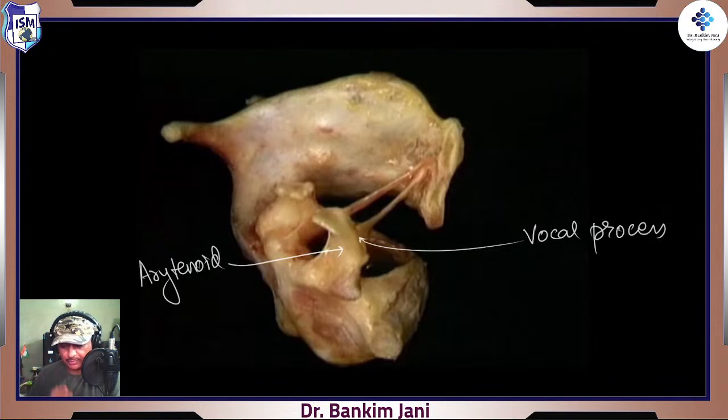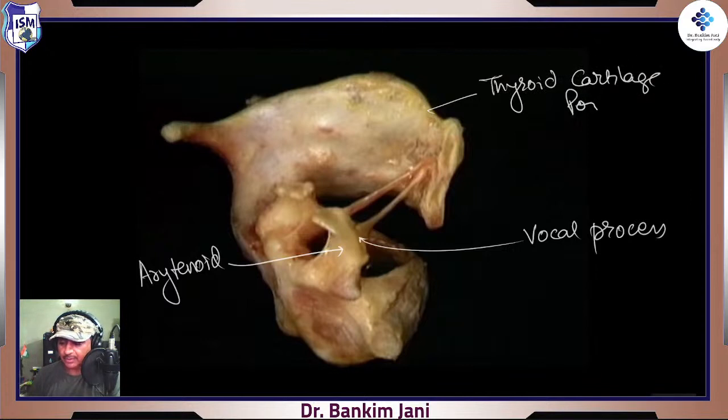Those ligaments will be going all the way where? That's the thyroid cartilage, correct? That's the thyroid cartilage. On the posterior wall, right, in the middle, they are landing, correct? So these are the vocal ligaments.